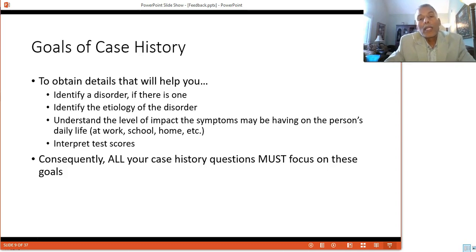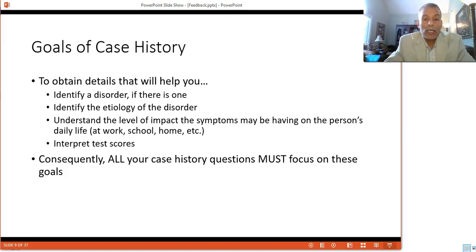Consequently, all the case history questions must focus on the goals. Why are you getting a case history? To determine if there are any possible causes in the developmental, medical, or academic history that might be causing the person to have a problem in the areas identified as a concern.